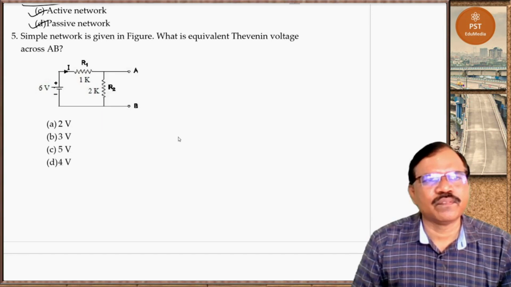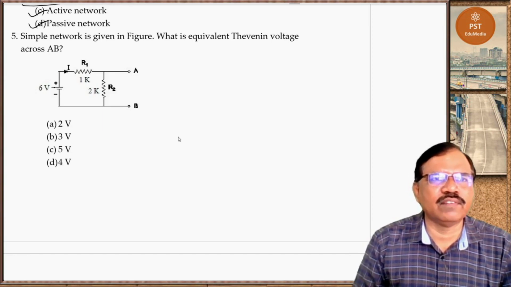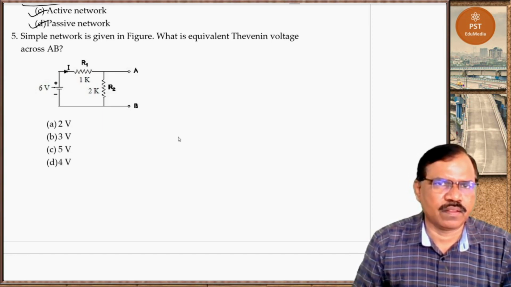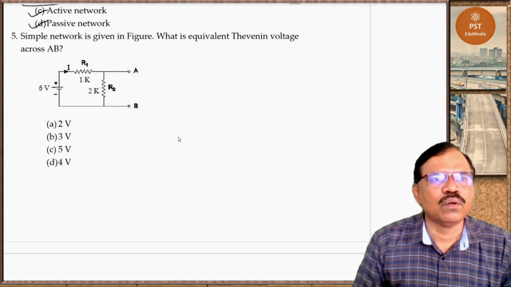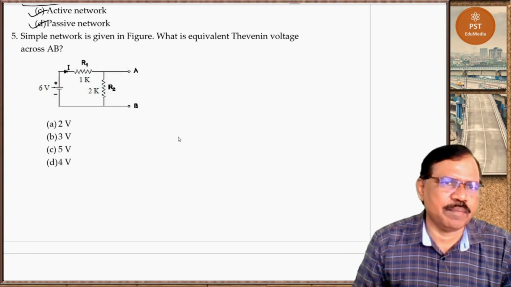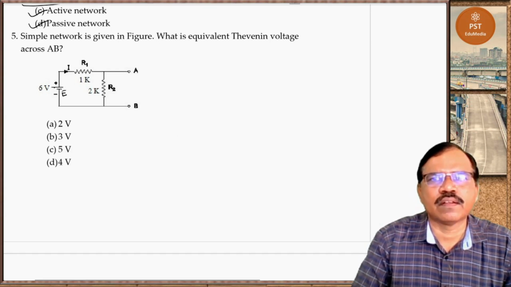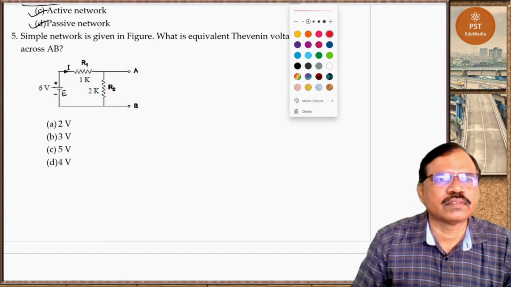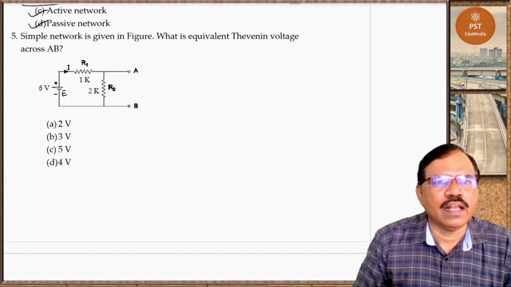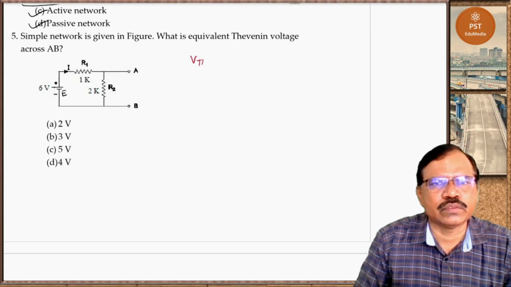Now next one, a simple network is given in figure. What is equivalent voltage across AB? Now see here, suppose this is battery of EMF E, and we have to find VTH.